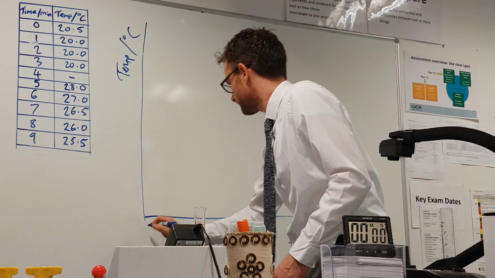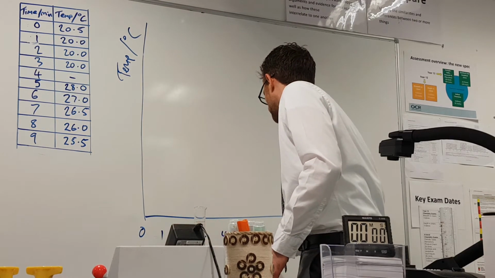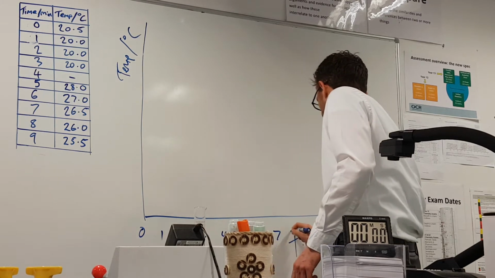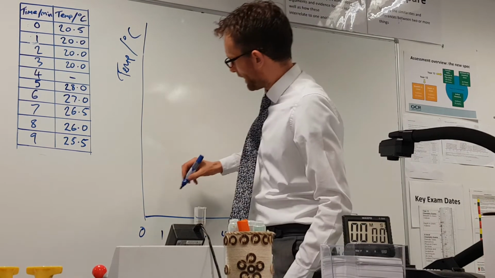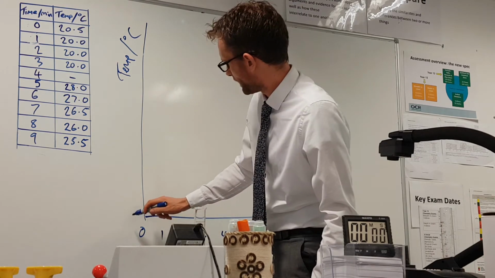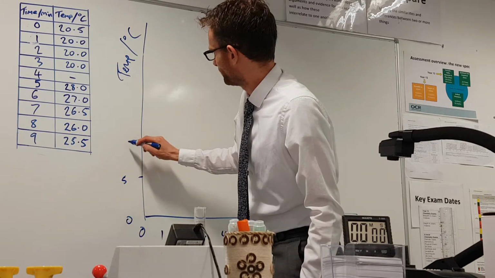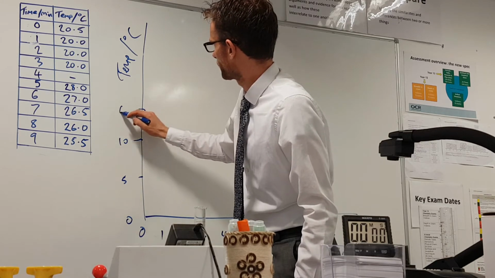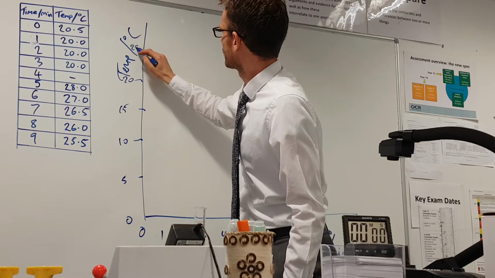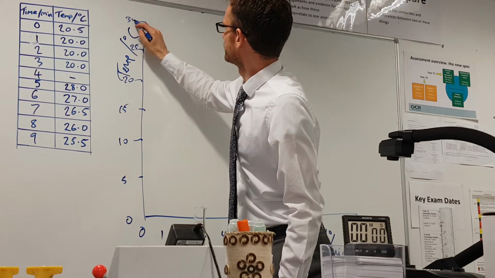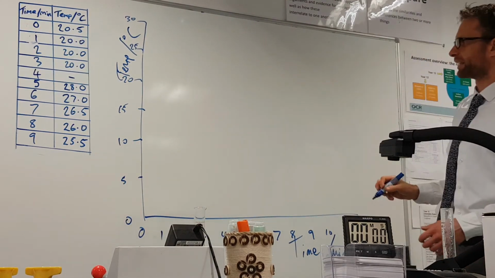And you plot your data, so 0, 1, 2, 3, 4, 5, etc. And the temperature, it's going to be, well, let's say 0. Obviously, you'll have graph paper. Okay, so this is the temperature, this is the time.